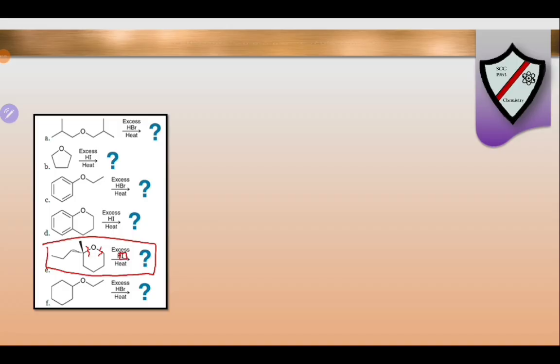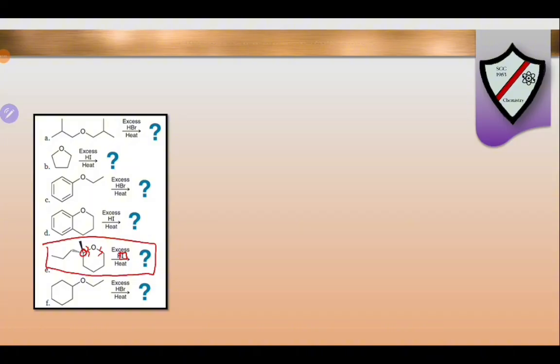However, in this case we can see a stereocenter, so we would maybe expect inversion at this stereocenter. However, we'll notice that this is a tertiary R group. This carbon here is tertiary.